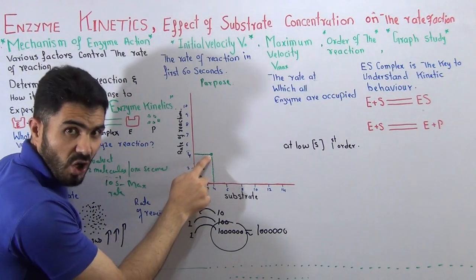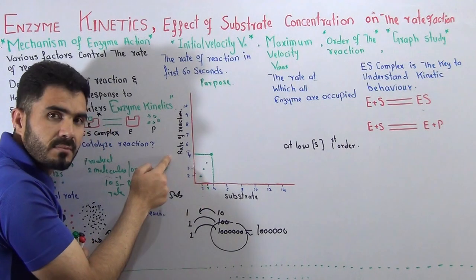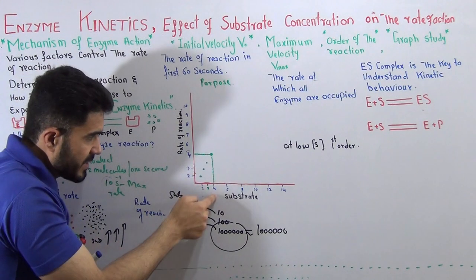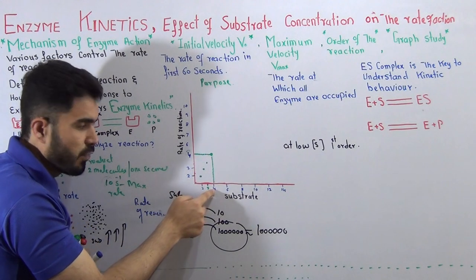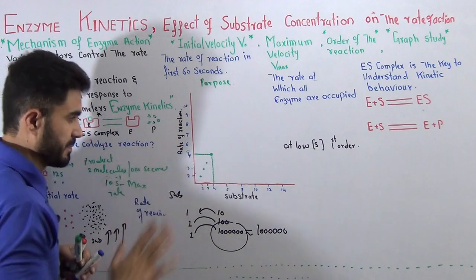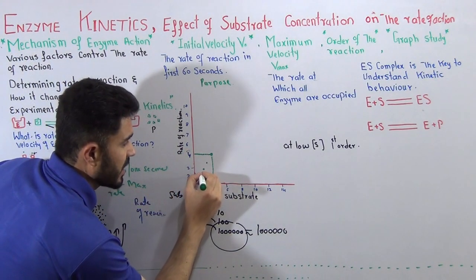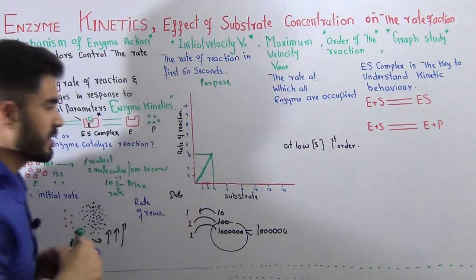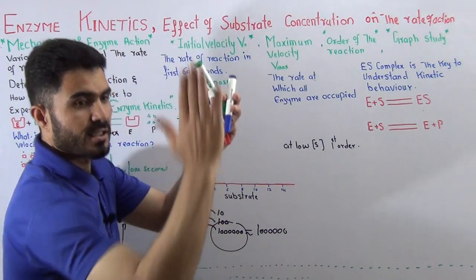So each dot can be traced down towards the x-axis and the y-axis. At the x-axis means 4 substrate molecules, at the y-axis means its speed is 4 molecules per second. Now if you combine these dots with each other, you will get a straight line. This straight line shows that the rate of reaction is increasing as you are increasing the substrate.